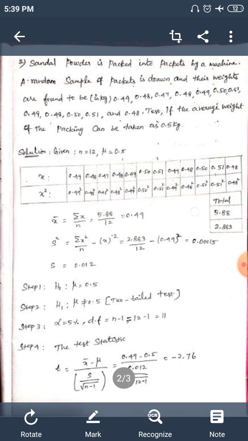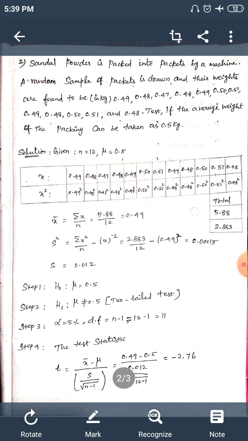Then go to the second type of problem. See the problem: sandal powder is packed into packets by a machine. A random sample of packets is drawn and their weights are found to be as given. The individual data is given; nothing is given about the mean or standard deviation. The data is 0.49, 0.48, 0.47 and so on. Counting the data, there are 12 in total, so n equals 12.